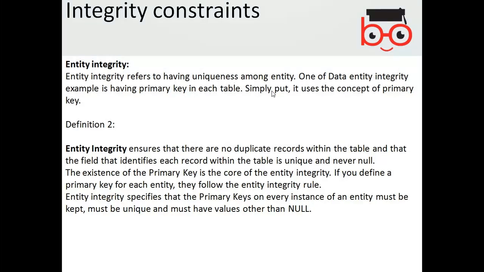When you say you have applied entity integrity, it means you have applied the primary key in each table. In other words, defining a primary key column is basically giving you the integrity of an entity.